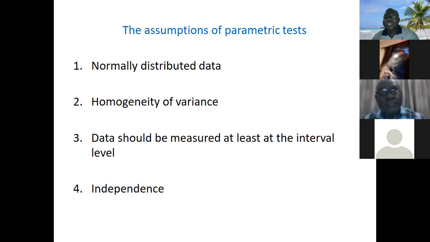If it is ranked data, it's better you use non-parametric tests. If you use a Likert scale, it's fine if it is the aggregate score of the Likert scale. But if it is the raw score 1, 2, 3, 4, 5, and the sample is very small, it's not appropriate.